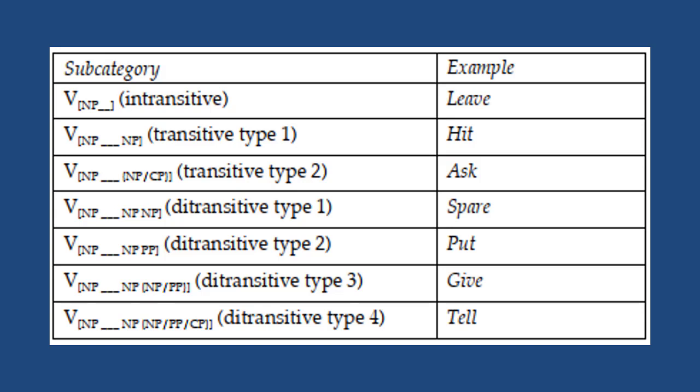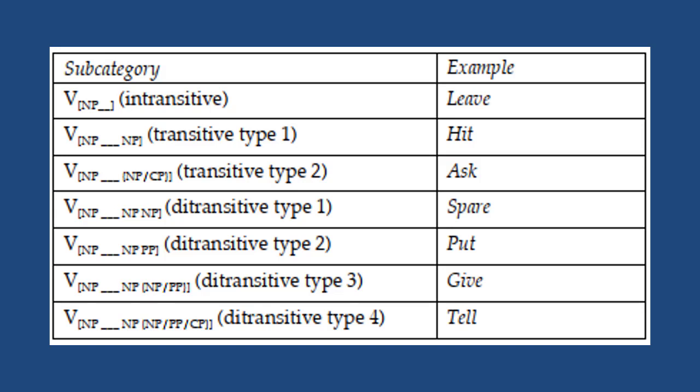Ask takes an NP or CP, as we have seen in the examples earlier. So verbs like ask require two arguments: an NP subject and an NP or CP object. One of them, so either NP or CP, but not both.